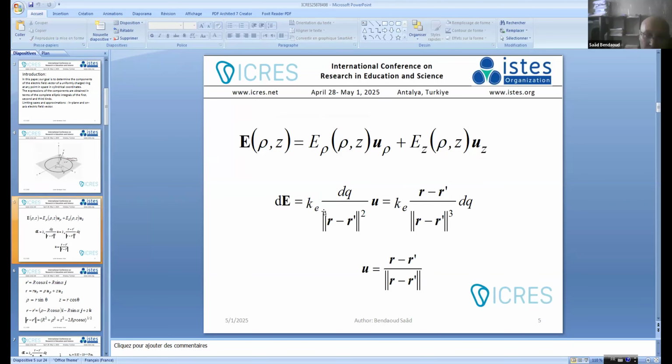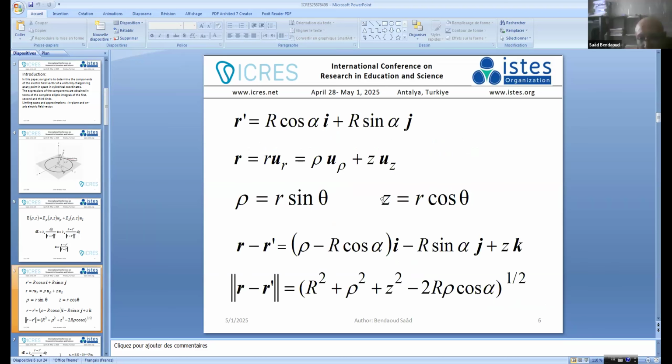This is Coulomb's law, and we must find R minus R prime divided by this quantity to put it here. And we must make the decomposition in the setup here. We make the decomposition of R prime and R vector position.